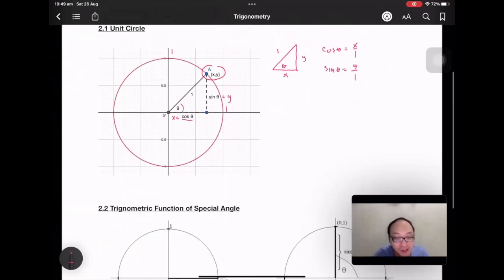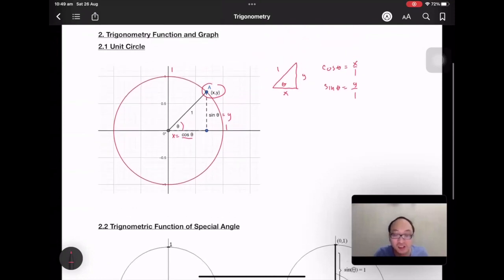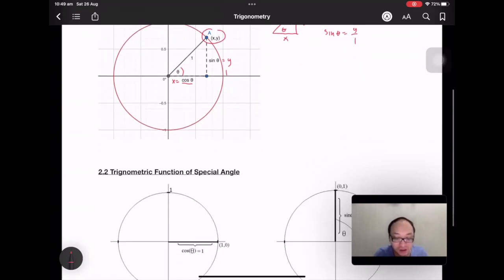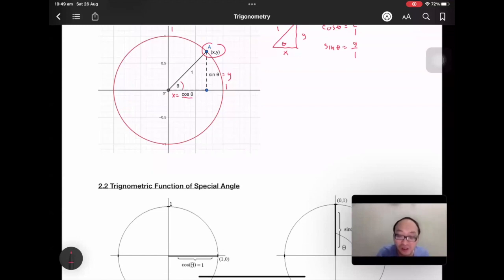From here, if we see from the x-axis, we see from cos, so x equals cos theta. And if we see from y, y equals sin theta.